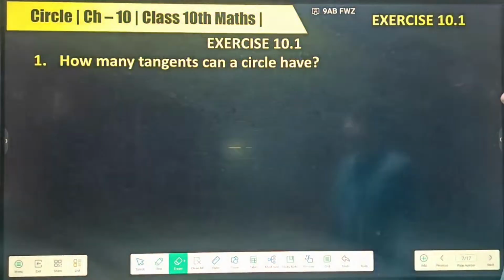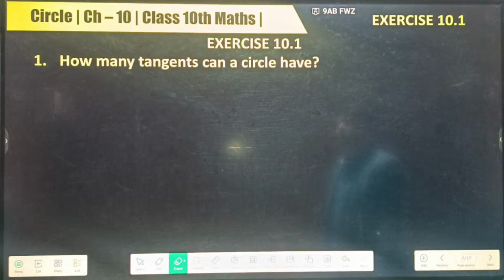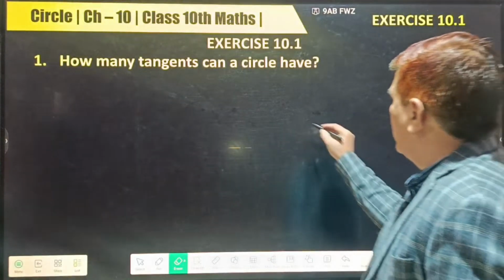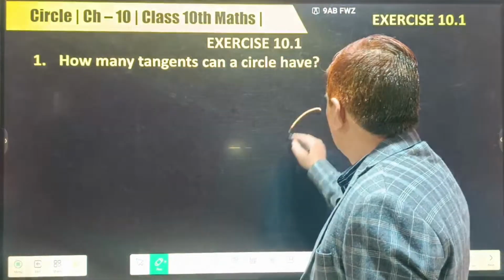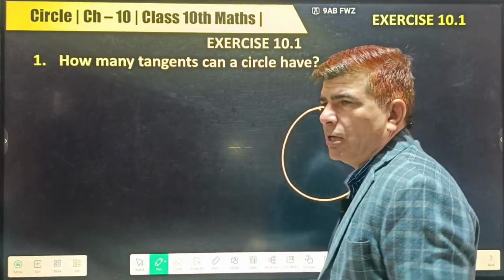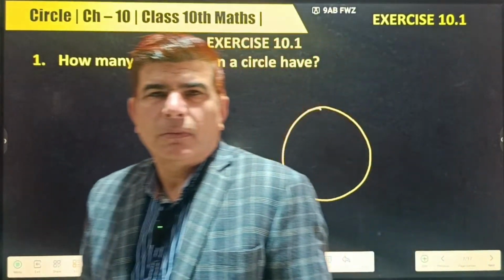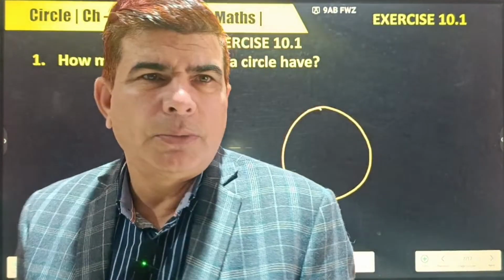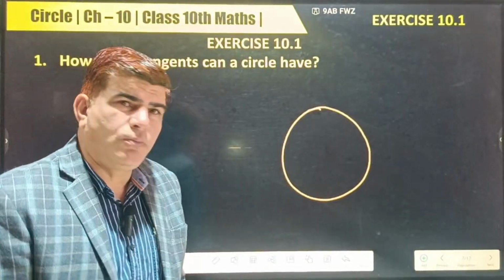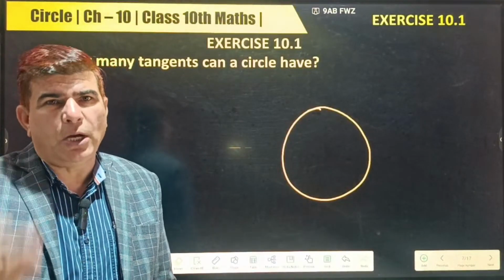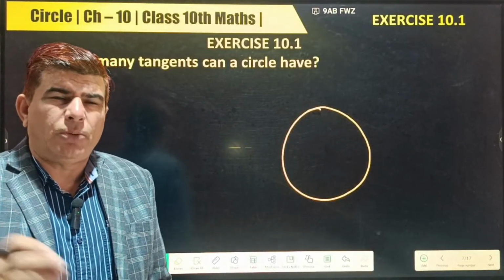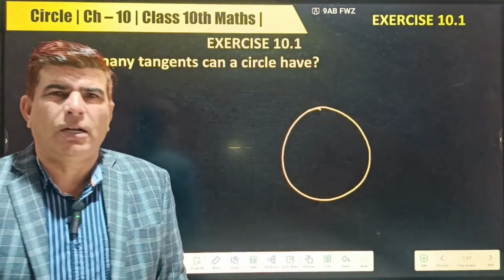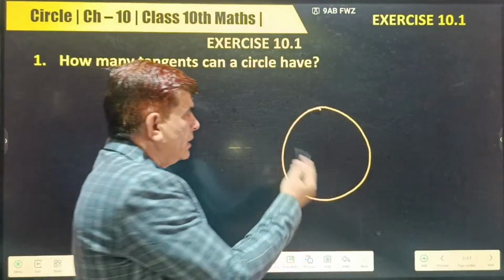So now, how many tangents can a circle have? If we have a circle, how many tangents can we draw? Infinite. Because a circle is made up of infinite points which are equidistant from a point. That point is known as the center of the circle, and this is known as the circumference.